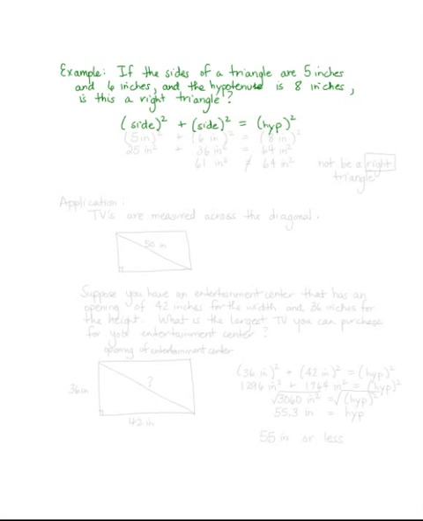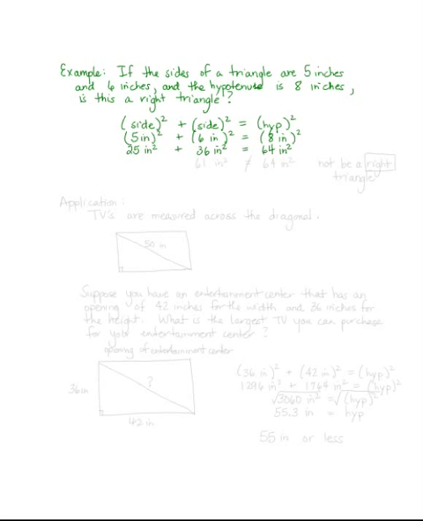We have 5 inches quantity squared plus 6 inches quantity squared equals 8 inches quantity squared. 5 inches quantity squared is the same as 25 square inches plus 36 square inches equals 64 square inches.